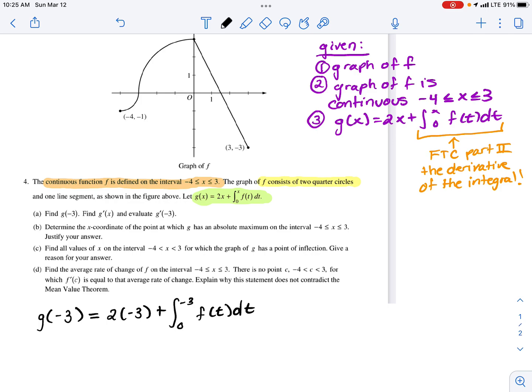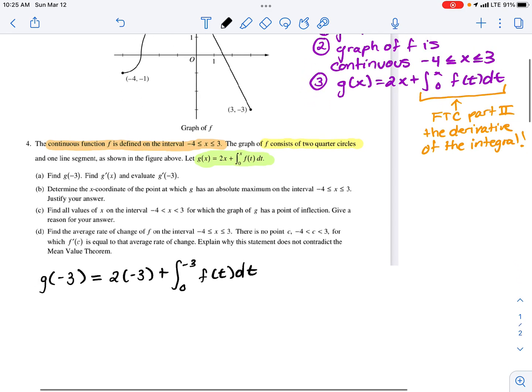What looks a little funny is that this is the integral from 0 to -3 instead of from -3 to 0, right? Remember, we typically want the smaller number at the bottom and the bigger one at the top. So we're going to use that property of integrals to flip the bounds. So this will become 2 times -3, which is -6, minus the integral from -3 to 0 of f of t dt.